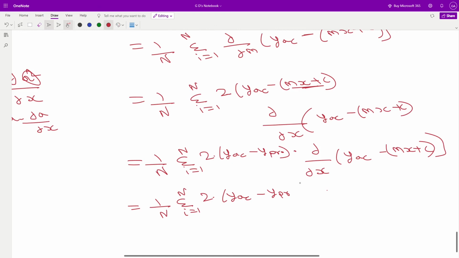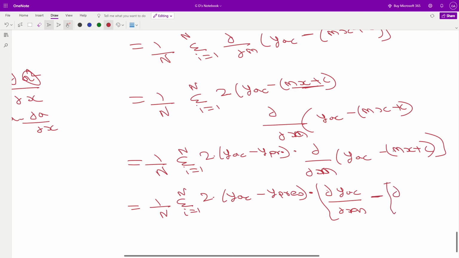If we look at this, we can send the differentiation inside. So dy actual by dx, it will obviously become dm, because we are working with m. So dy actual by dm minus d.